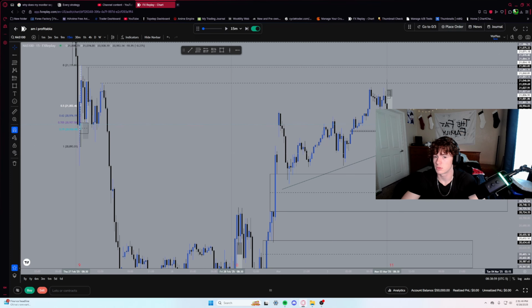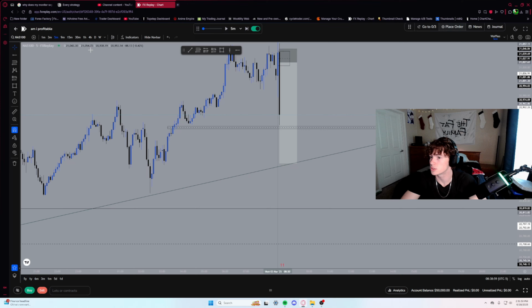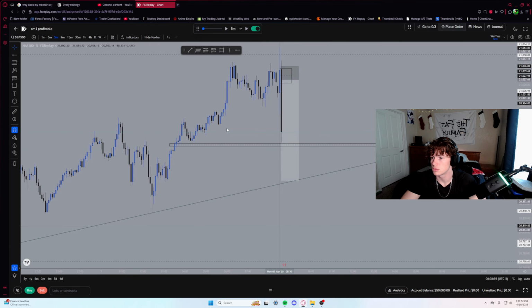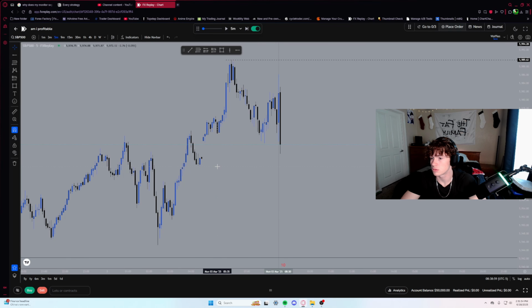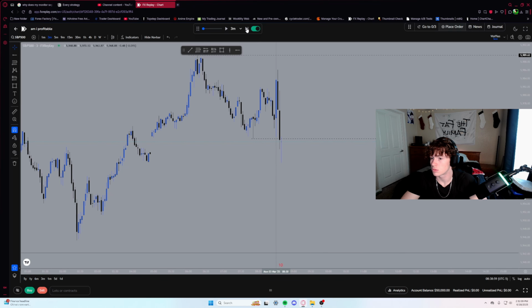I see. What's ES at? Let's go to the 5 minute instead. Alright, we took out these lows. We're at the weekly gap. Swept liquidity.